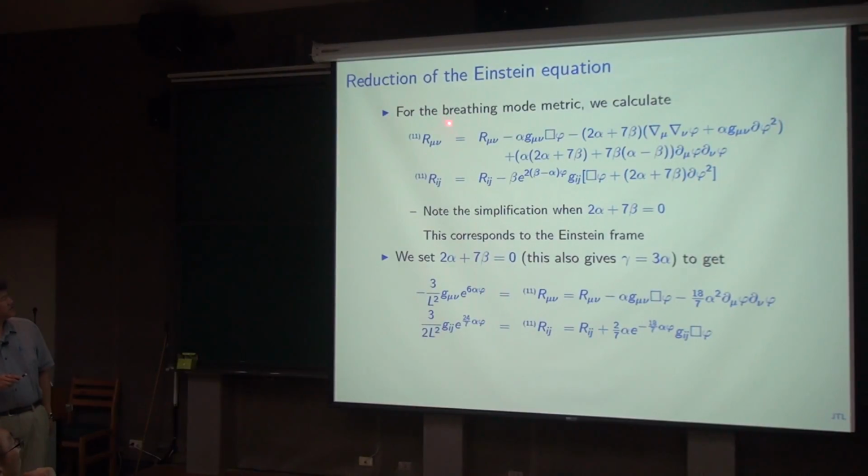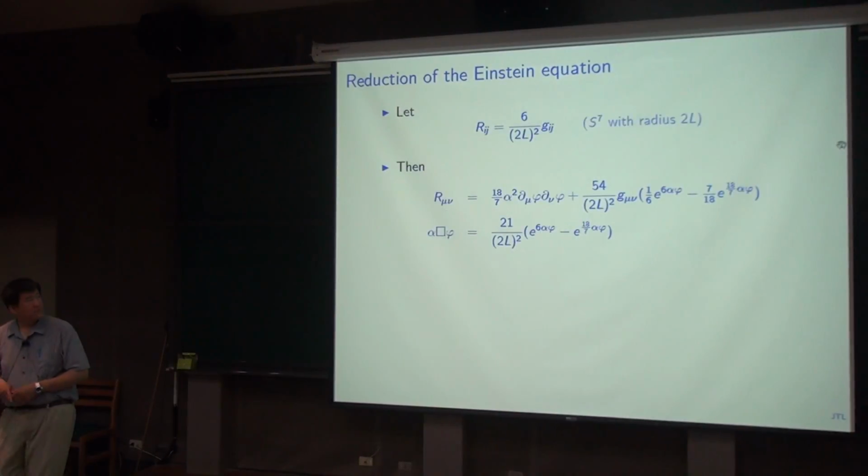This is the 11-dimensional Ricci tensor computed from the 11-dimensional metric. These over here are the 4-dimensional Ricci tensor in AdS4, or whatever background I choose. This is the 7-dimensional Ricci tensor on the 7-sphere. The 7-sphere is round, and I've written my metric such that I wanted a unit radius of the 7-sphere. Maybe I shouldn't say unit radius, this is 2L radius over here.